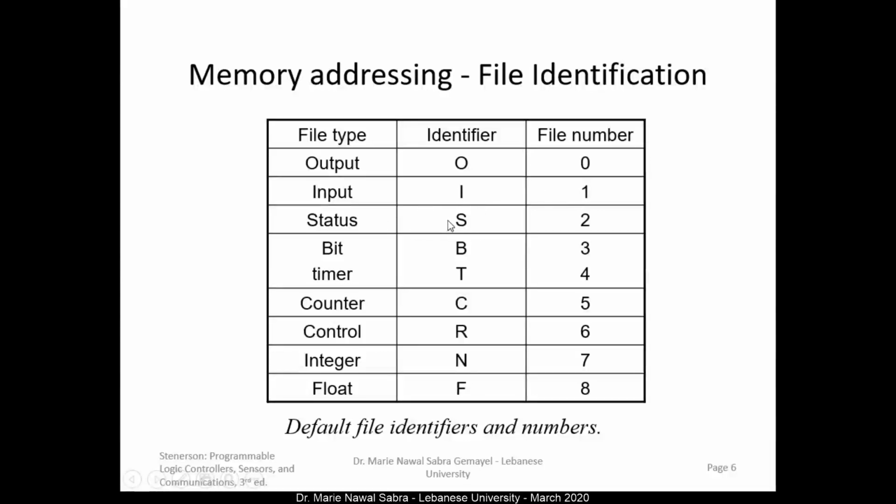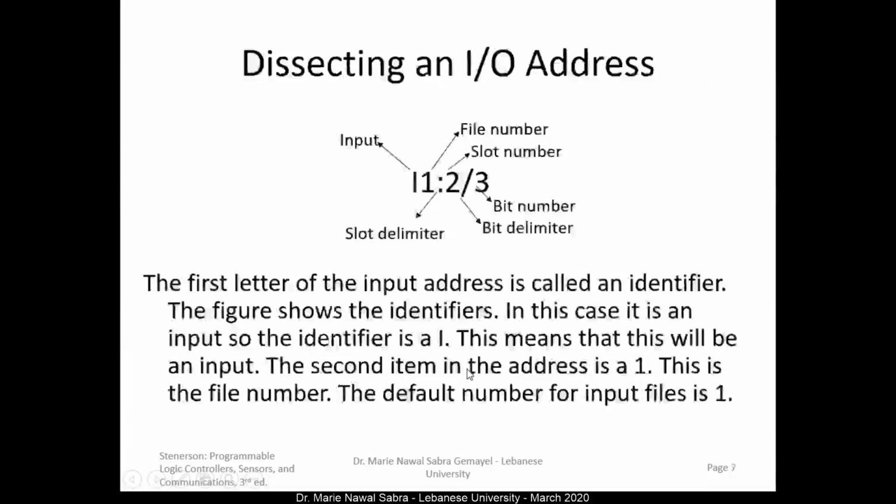For the status, I have the letter S, and later on we are going to see examples on how to use status bits, because some of them are information that is already saved within the PLC that we are going to retrieve and use in our programs, and so on. So bits B, timers T, counters C, and integers N.